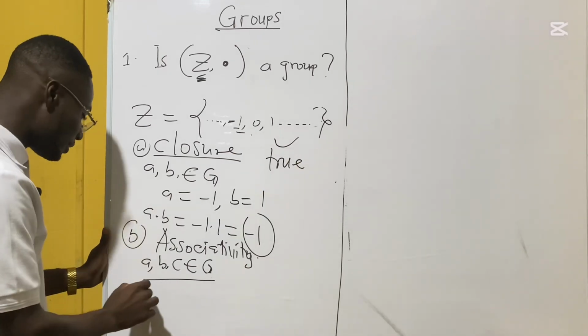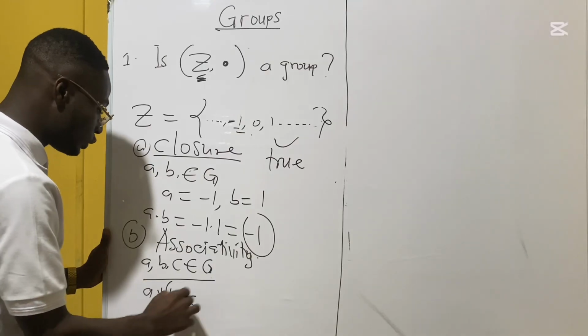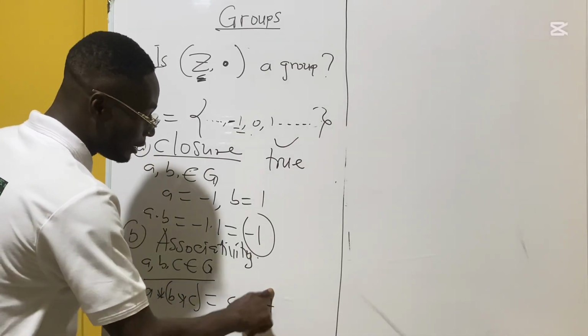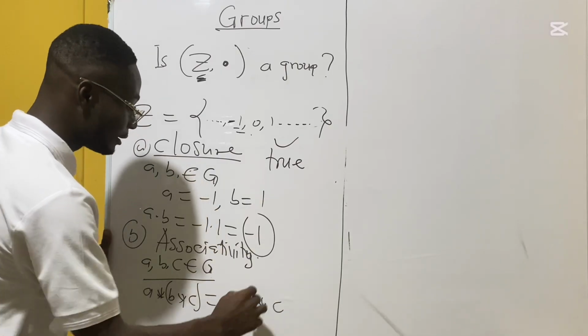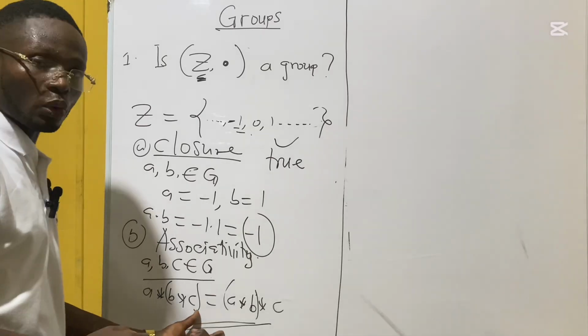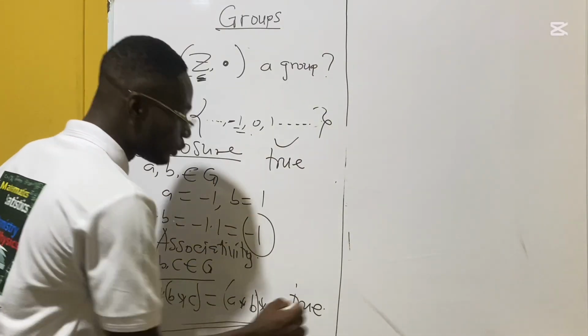So let's say (A star B) star C should be equal to A star (B star C). This property is also holding, so this property is also true.